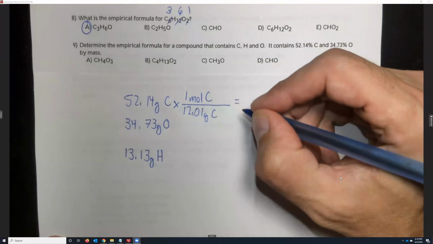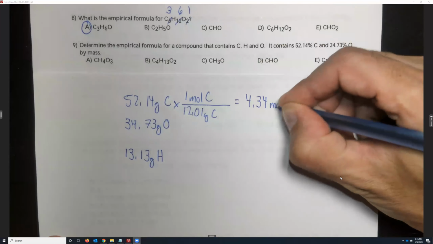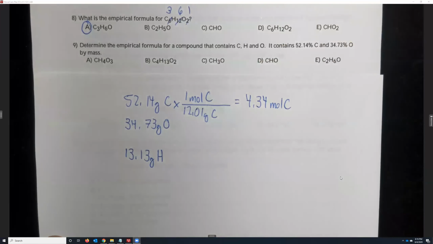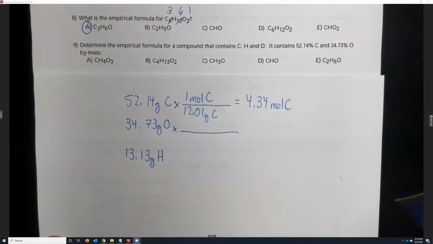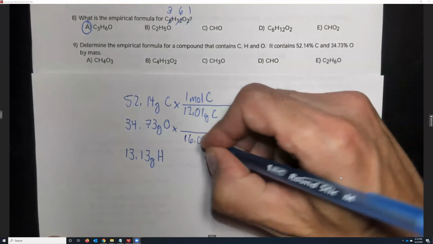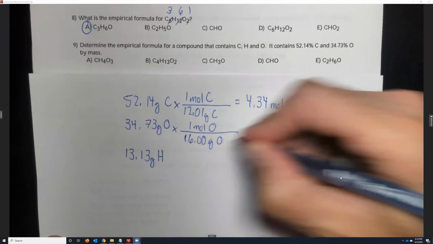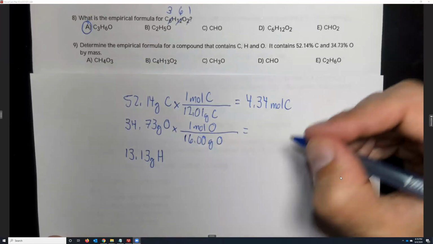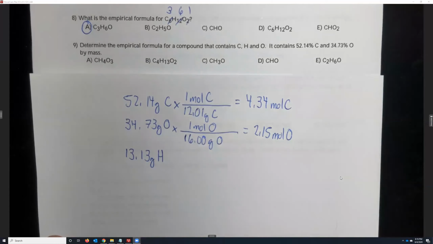And when I do that math, I find that there are 4.34 moles of carbon. I'm going to repeat this for oxygen, with the key difference being I have to use the molar mass of oxygen, not the molar mass of carbon. So I put 16.00 grams of oxygen on the bottom and 1 mole of oxygen on the top. And when I do that, I get 2.15 moles of oxygen.